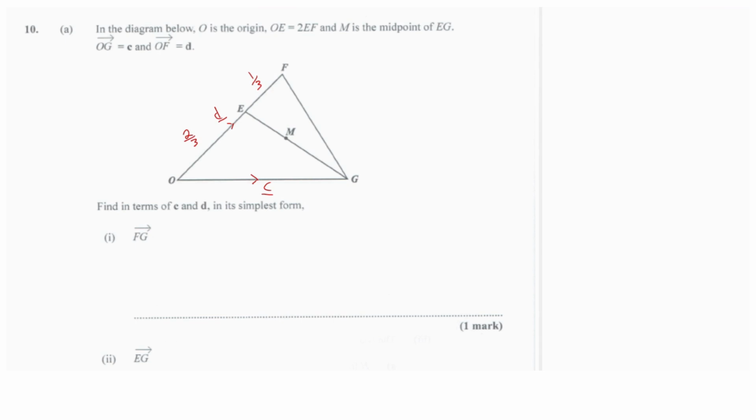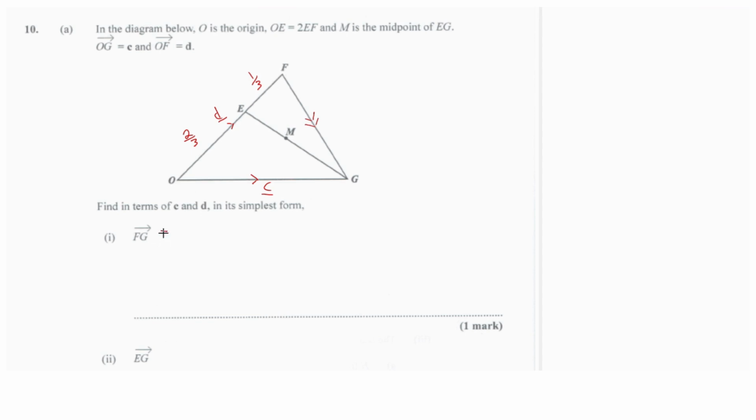Now, you're asked to find in terms of C and D in the simplest form FG. So FG here is our resultant vector. That's what we want to find. So how do we do that? Well, to get to FG, we need to travel minus OF and then OG.